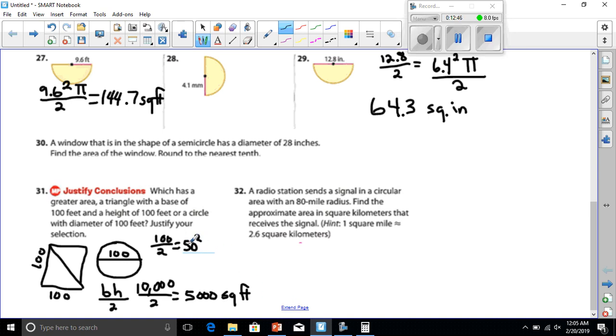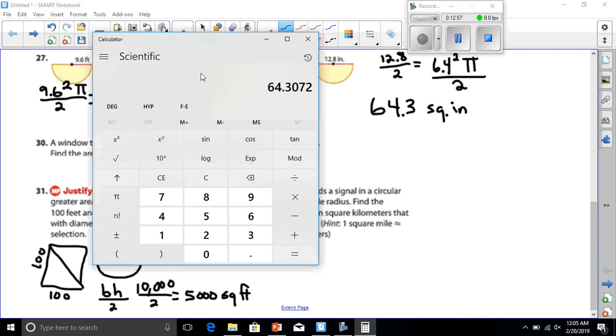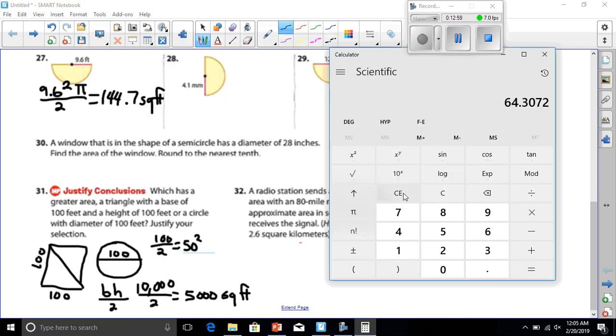Well, 50, that's kind of like 5 times 5, 25, but with 2 zeros at the end. So I predict it's going to be 2,500. And I'll just check the calculator to be sure. 50 times 50 equals 2,500.